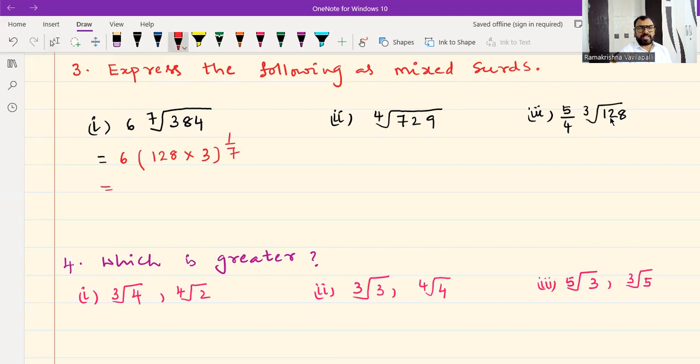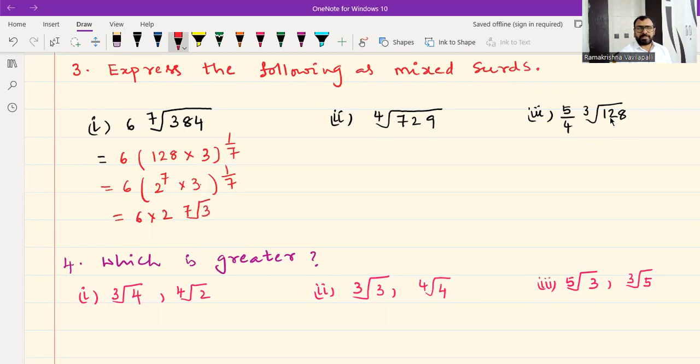So this 128 we can write 2 to the power of 7 into 3 whole to the power of 1 by 7. Now 2 to the power of 7 whole to the power of 1 by 7 is nothing but 2. So this is nothing but 6 into 2 into 7th root of 3.